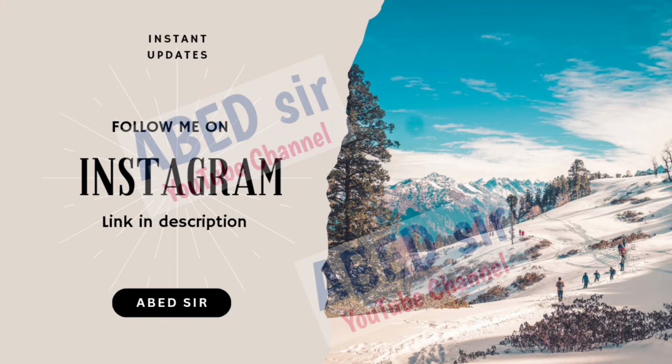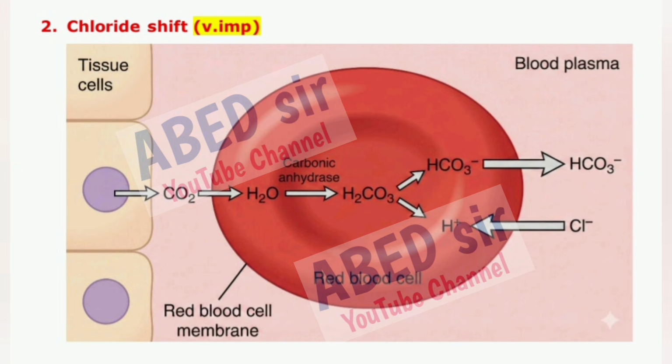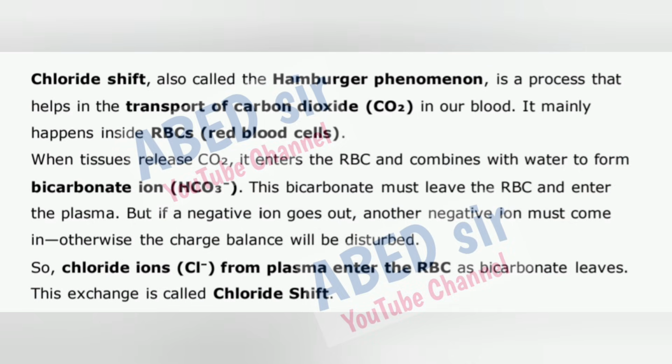Next important short question is 2. Chloride shift. Chloride shift, also called the hamburger phenomenon, is a process that helps in the transport of carbon dioxide, CO2, in our blood. It mainly happens inside RBCs, red blood cells. When tissues release CO2, it enters the RBC and combines with water to form bicarbonate ion, HCO3-.